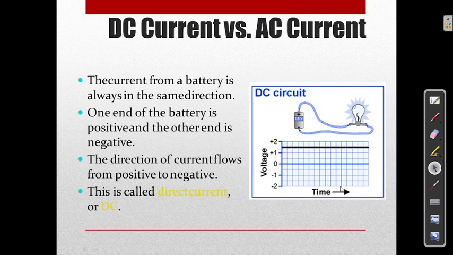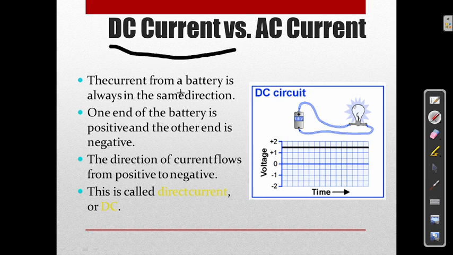Next, we'll move to DC current versus AC current. First of all, what is DC? DC is nothing but direct current. AC is alternating current. From the word itself, we know DC is direct current.